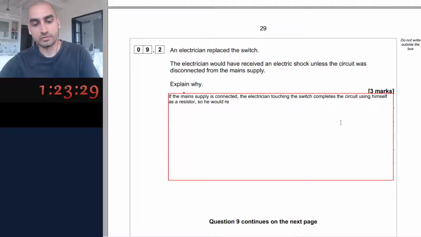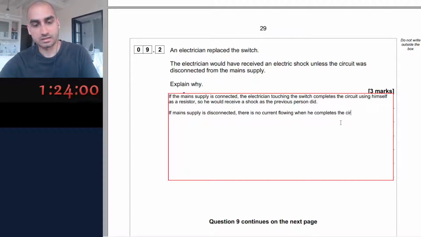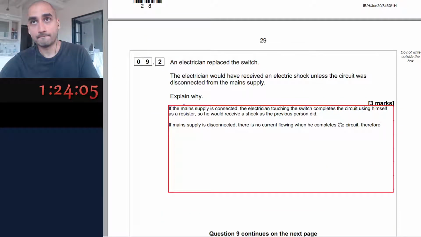This part is already made clear from the shock the previous person received. If the main supply is disconnected, there is no current flowing when he completes the circuit. Therefore, no voltage across.